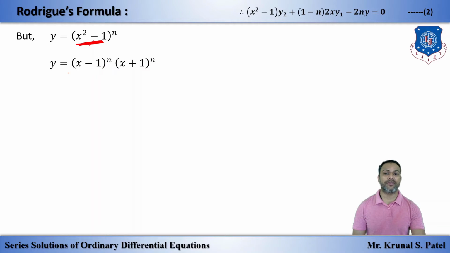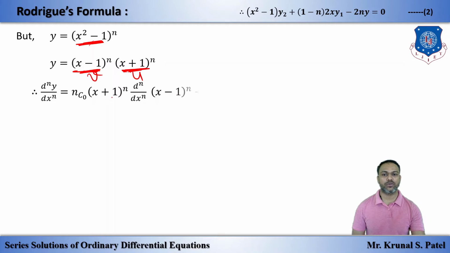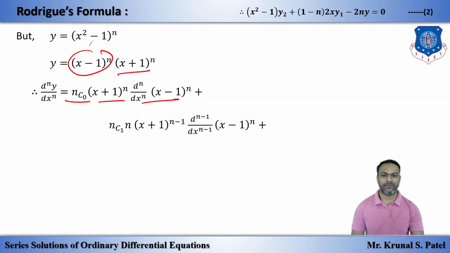Now what will we do? We'll consider u and v. So we'll take u this and v this, or instead of this you can use any u and v. Okay, I'm using this as u, this as v. So we have the same Leibniz theorem. nC0 u as it is, nth derivative of v, plus nC1, first derivative of this is this, and 1 minus derivative of this.